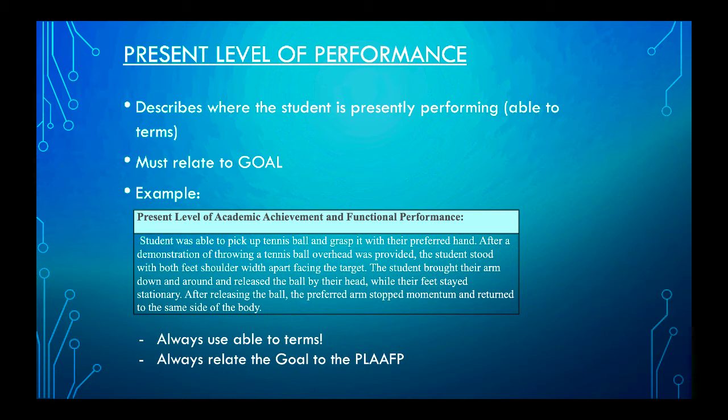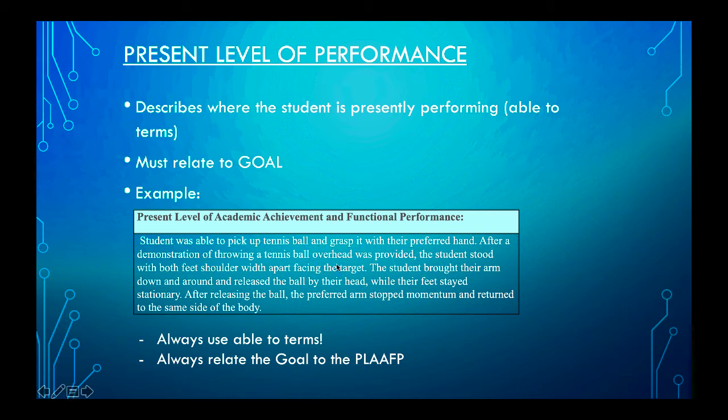So after reading that, you can see that they're not performing that skill at a mature pattern. And therefore, there are some parts of the skill criteria of overhand throwing that they are missing. So here, we know they can pick up the ball and hold it with their preferred hand.